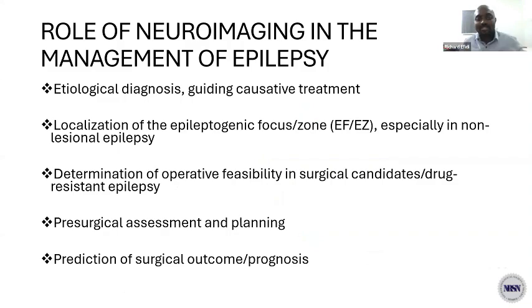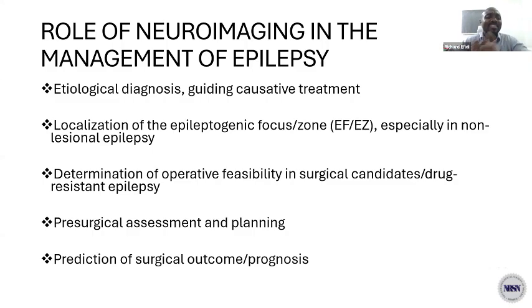Now, what is the role of neuroimaging in management of epilepsy? Neuroimaging is essential for etiological diagnosis, and this will determine the kind of treatment we are going to give. And neuroimaging is necessary for localization of epileptogenic focus or zone, especially in non-lesional epilepsy, because the detection and the localization of the epileptogenic focus is crucial for successful surgical resection.